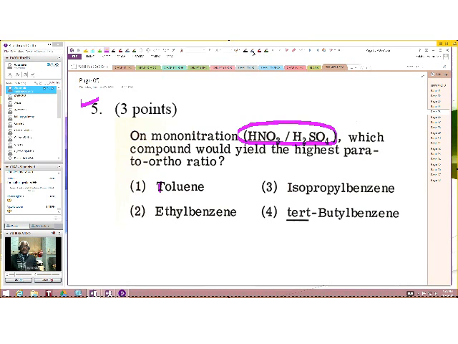This question is assuming that you know the structure for all of these compounds. The structure for this is toluene. You need to know the structure for this in order to answer this question. And this is ethylbenzene.